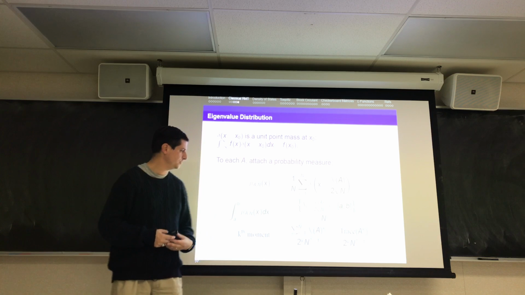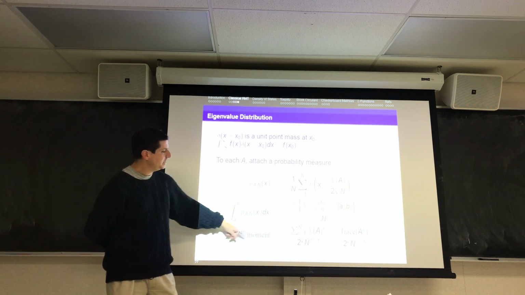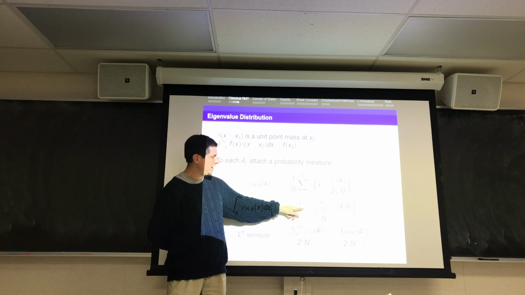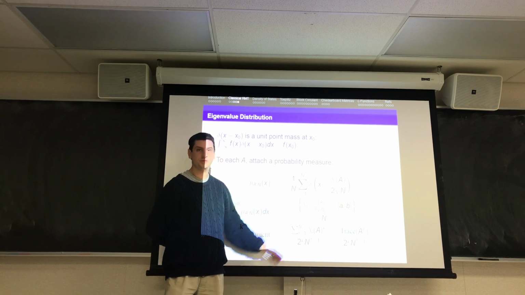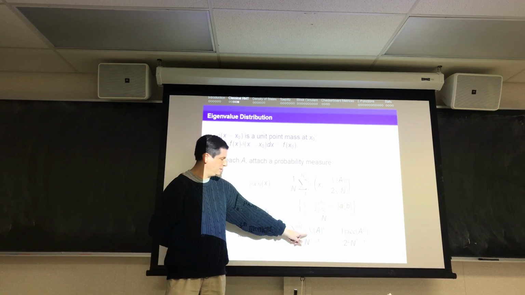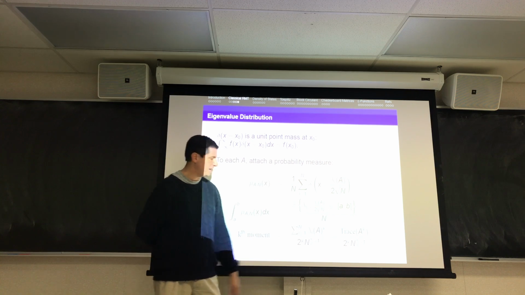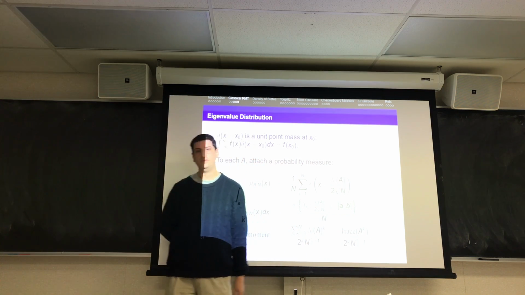That's the key observation. And so if I just integrate my counting function from a to b, it's going to just count how many eigenvalues I have such that the normalized eigenvalues are between a and b. Or more generally, if I integrate against x to the k times this, I'll get back the sum of the eigenvalues to the kth power, suitably normalized, and that's just the trace of A to the k.